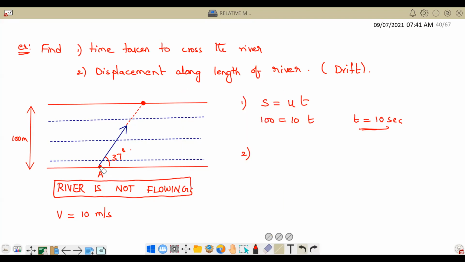Displacement along the length of the river here means he is traveling from point A, and the opposite point exactly here is B. Now he is reaching point C. They are asking basically this distance, the displacement along the length of the river, which is this one. Are you able to understand?